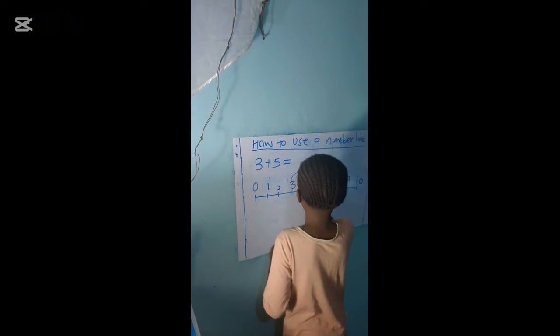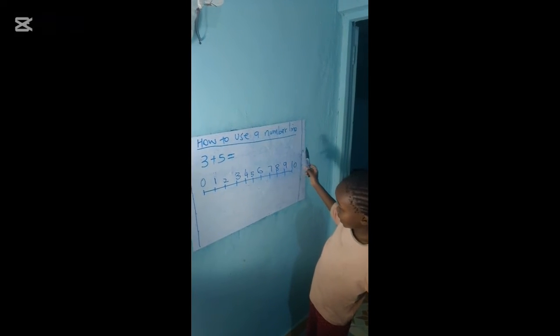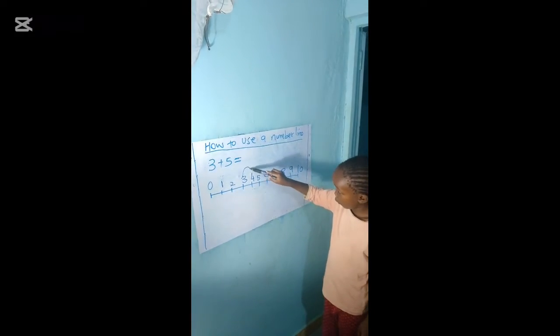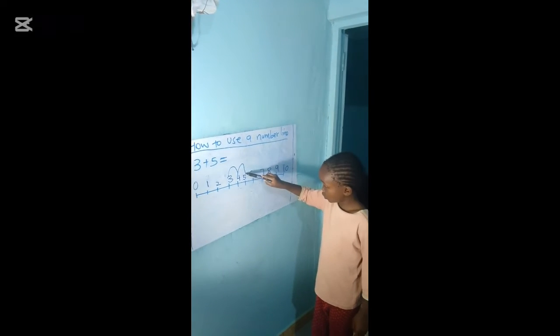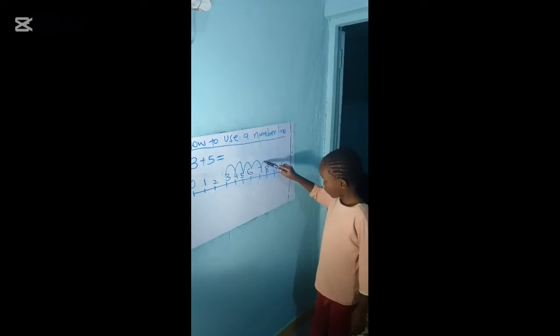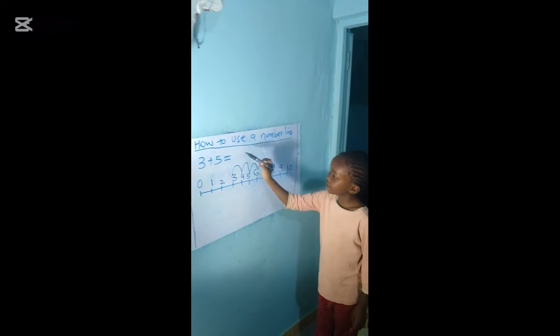Now 1, 3 here to the right. Let's start. 1, 2, 3, 4, 5. The answer is 8.